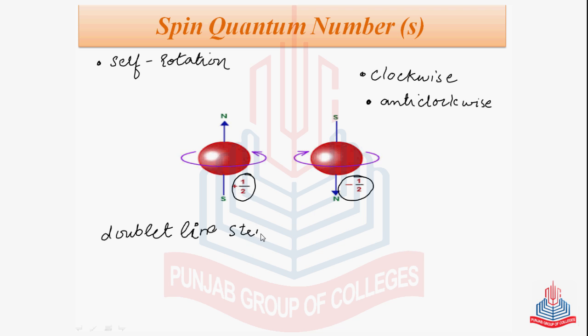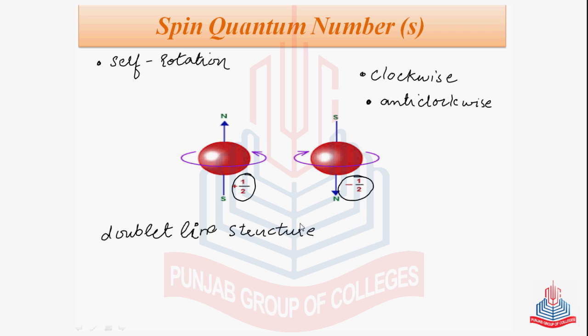This doublet line structure is different from the fine structure or the multiplet structure of hydrogen, because in the doublet line structure the lines are widely separated from each other, while those of the fine structure were closely spaced together. So this doublet line structure confirms that the electron is spinning about its own axis, and this spinning or self-rotation is either clockwise or anti-clockwise, जिसको हमने plus half या minus half से show किया.